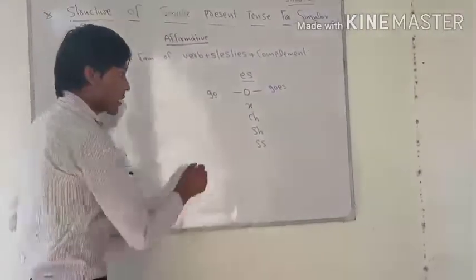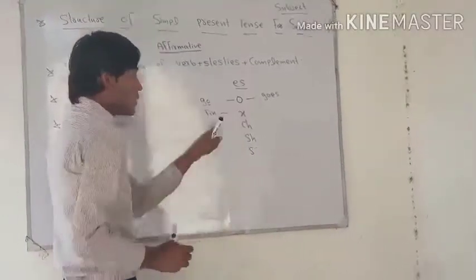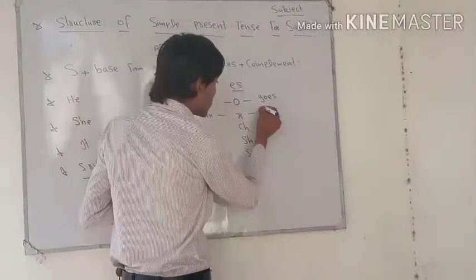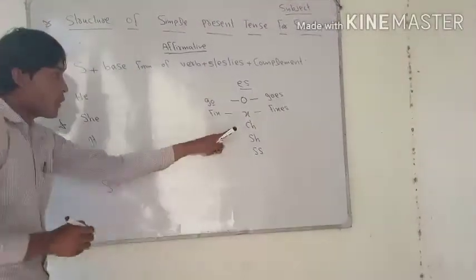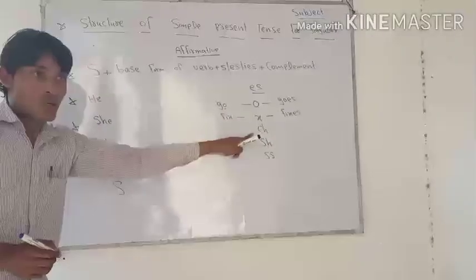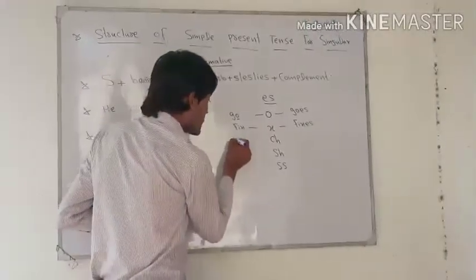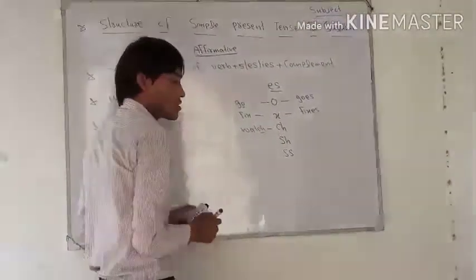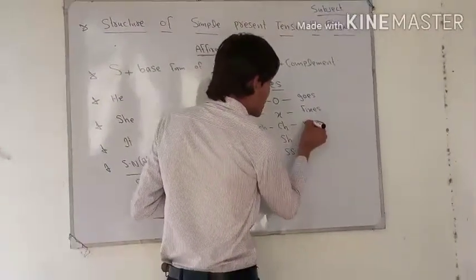Another example: fix, f-i-x. Fix ends in x, so we simply add es: f-i-x-e-s. For the next, a word that ends in ch, for example watch. There is ch, so we add es: watches.